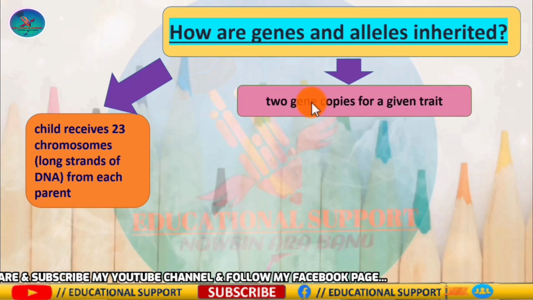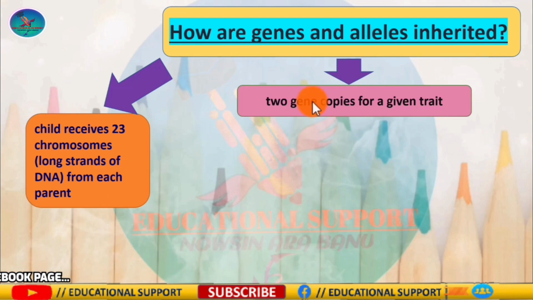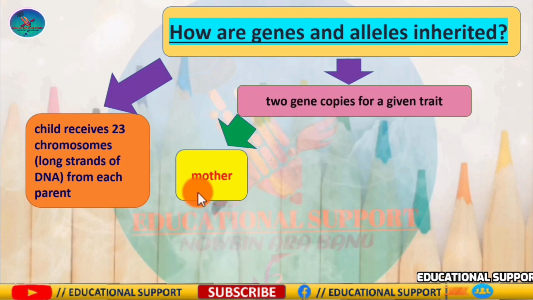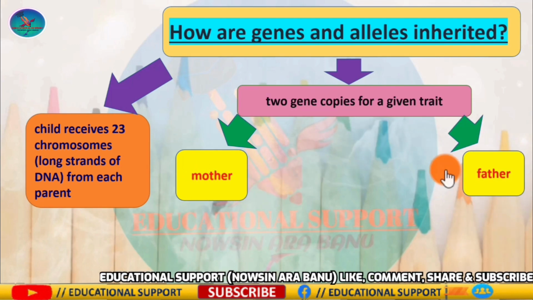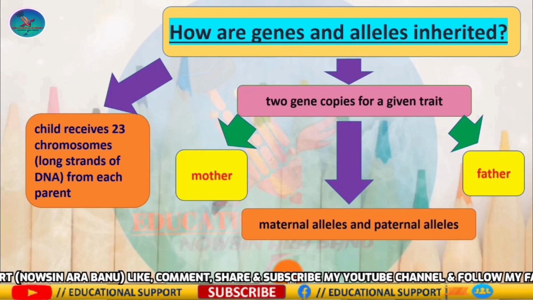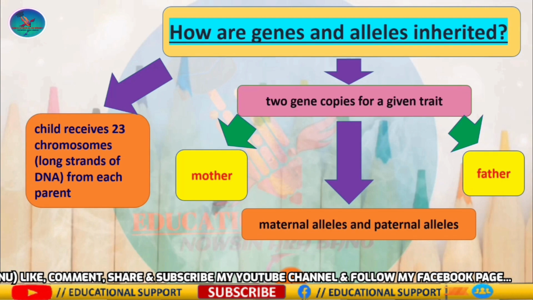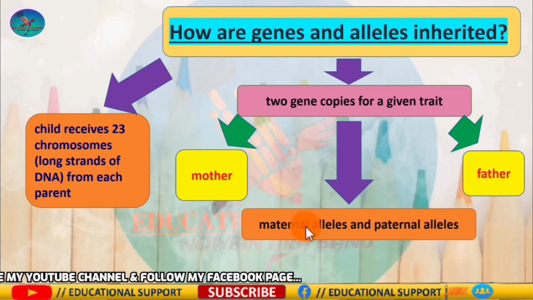So this inheritance means that individuals have two gene copies for a given trait. One inherited from their mother and the other from their father. These are known as maternal alleles and paternal alleles. It is how these alleles interact that is responsible for the unique characteristics.